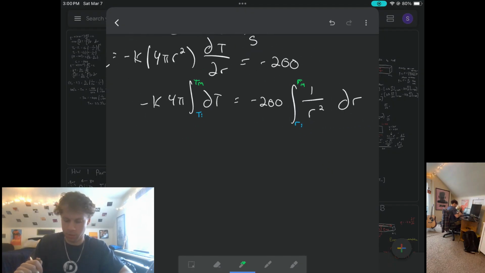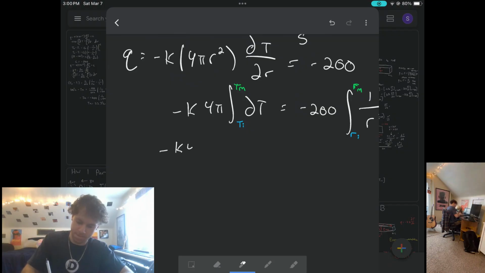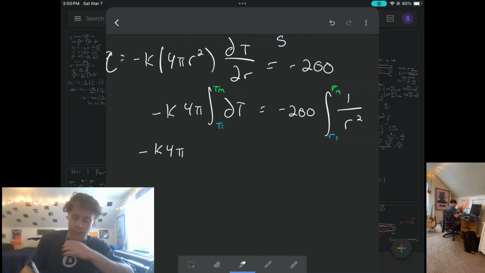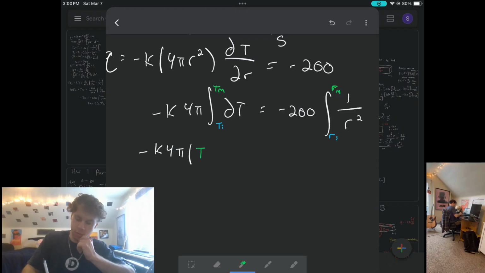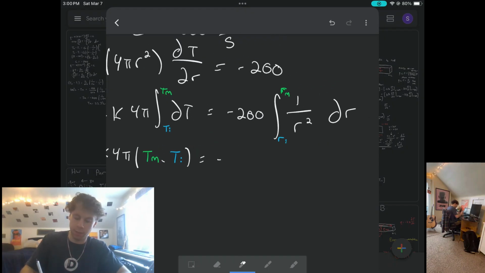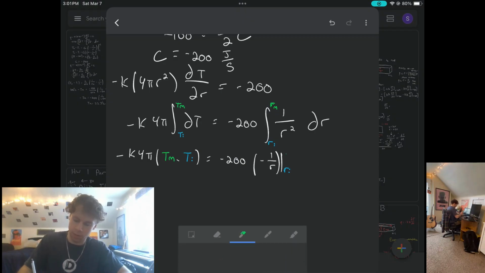So this time I have negative thermal conductivity times 4 pi times what we know will be the temperature of the midpoint minus the temperature of the inner surface, is equal to our heat flow of negative 200 joules per second times our negative reciprocal of our radius evaluated from our inside radius to the radius of the midpoint.